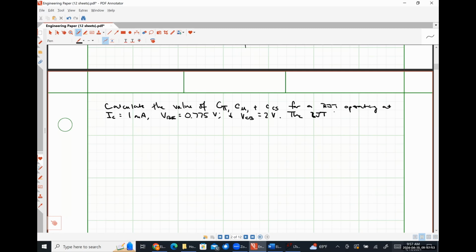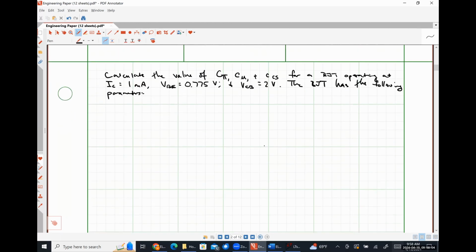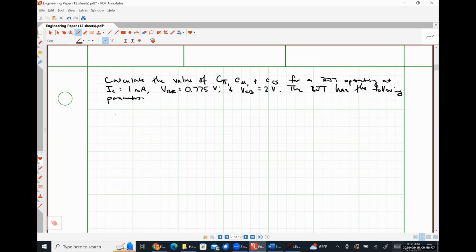The BJT has the following parameters. For the base emitter junction, we have CJE naught is 20 femtofarads.